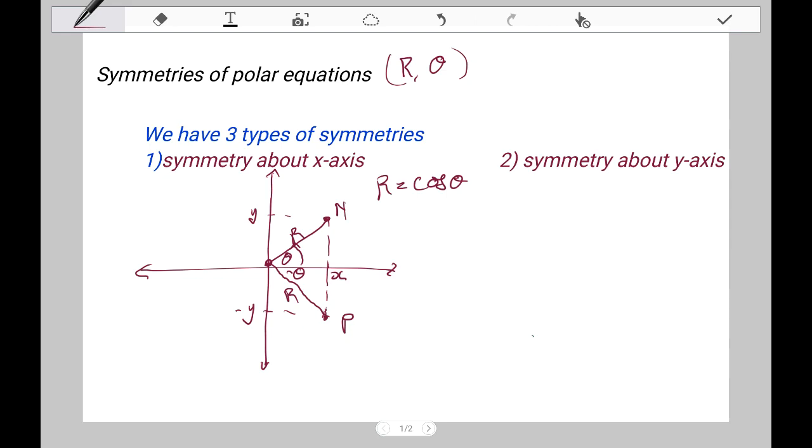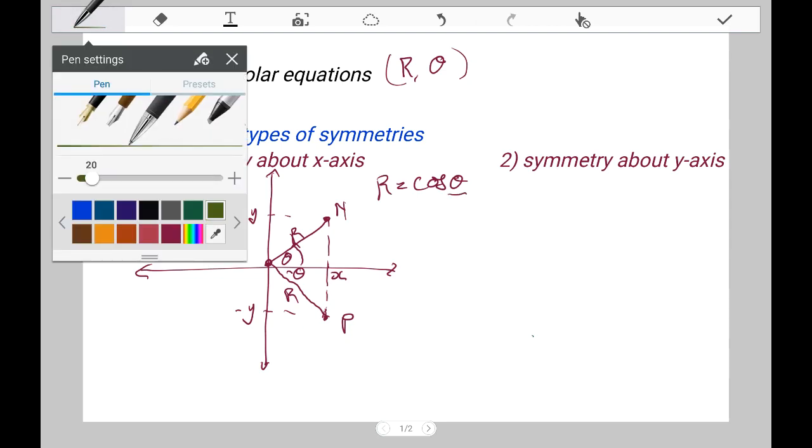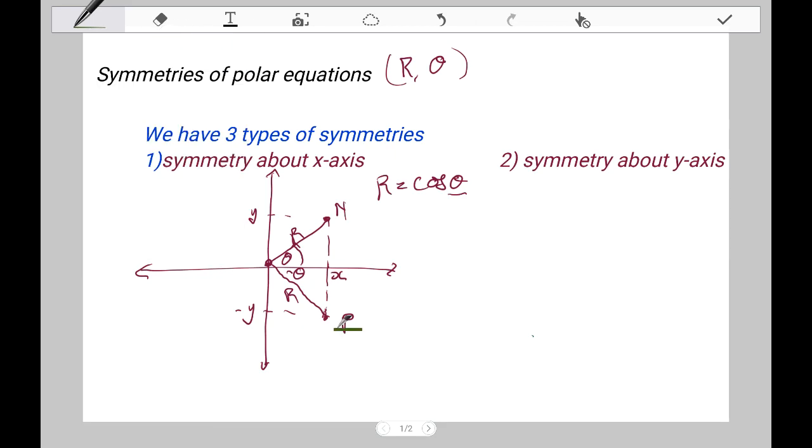If I replace theta with negative theta, and I get the very same value of r, then my equation is symmetric about the x-axis. So let's try. r equals cos of minus theta.